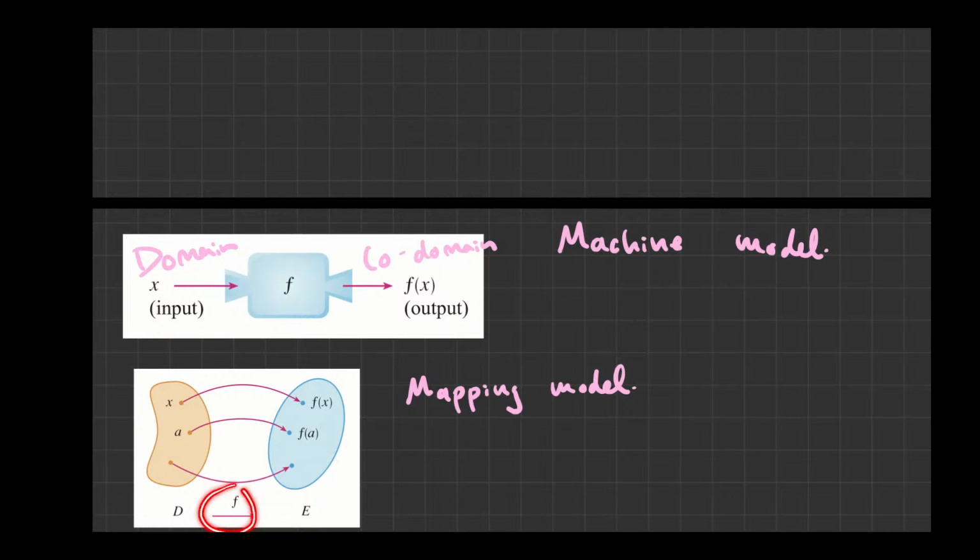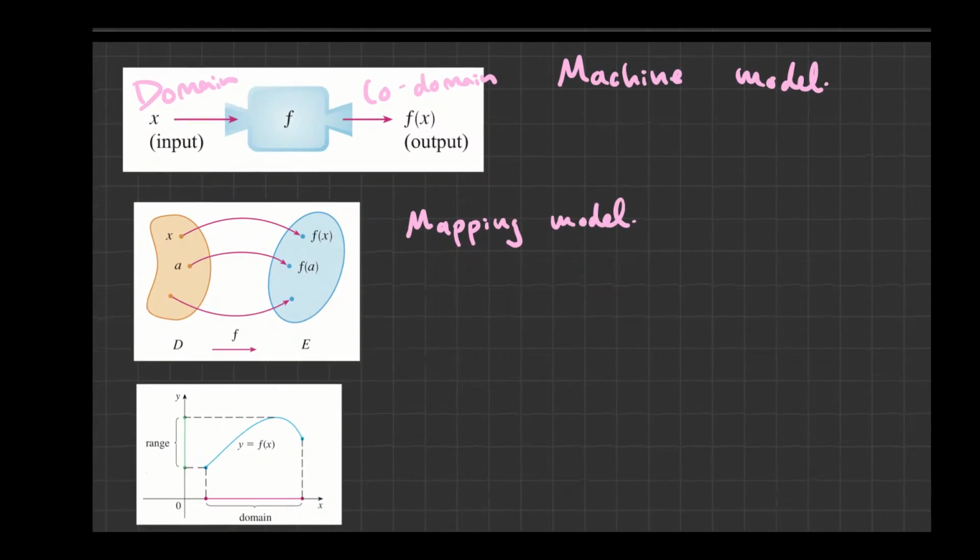So the function is taking values in our domain and mapping them to elements in our codomain. So it's going to take this value x and bring it to f of x. It's going to take a value a and map it to f of a. So we're applying the function to these different values and we're getting a value in our codomain. Okay, so that's our mapping model.